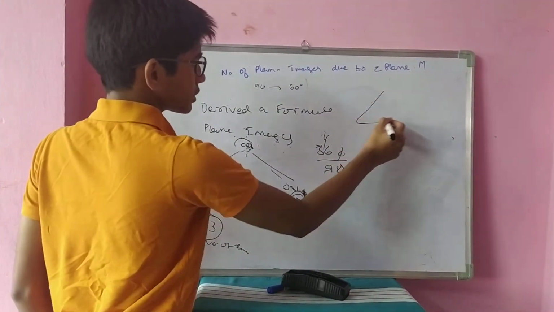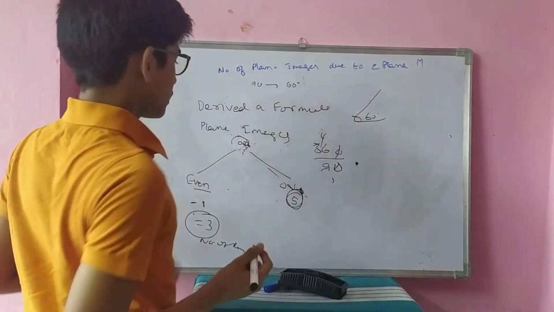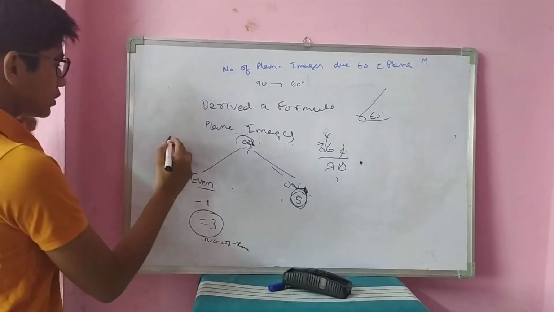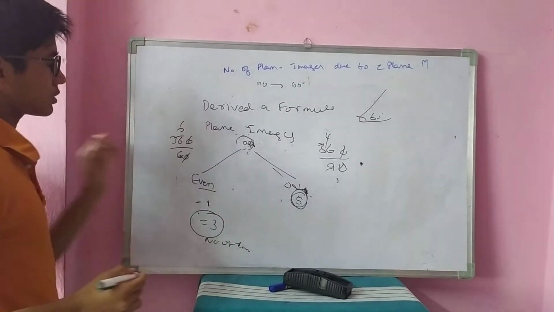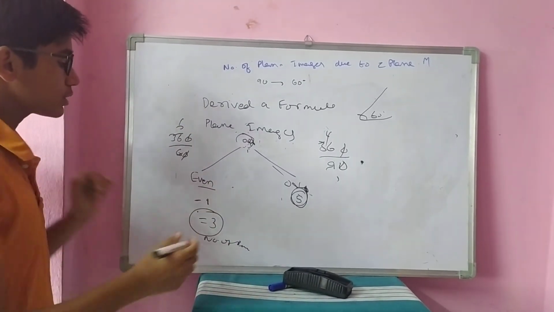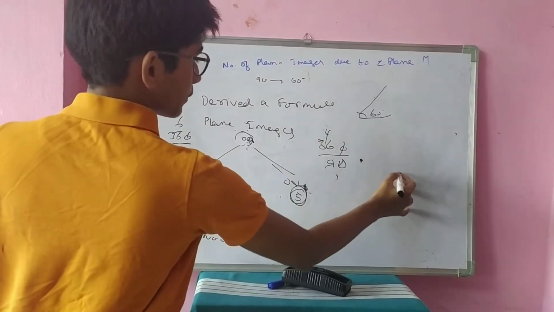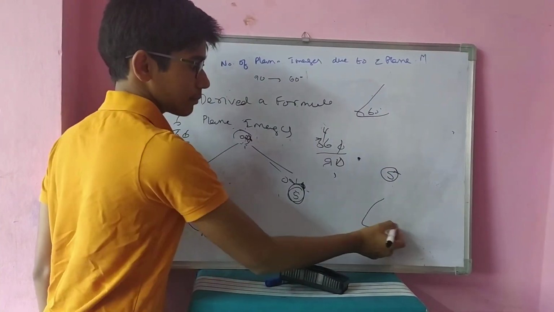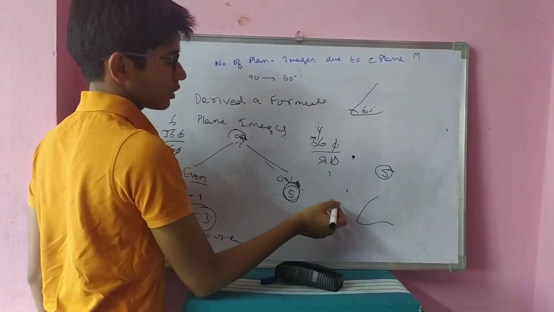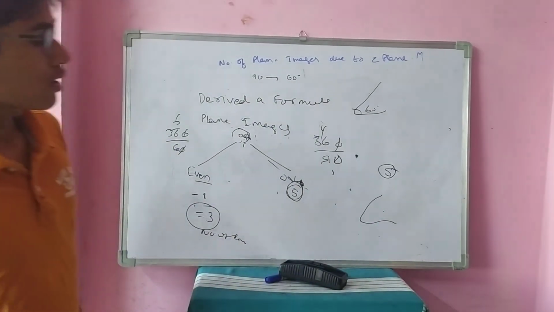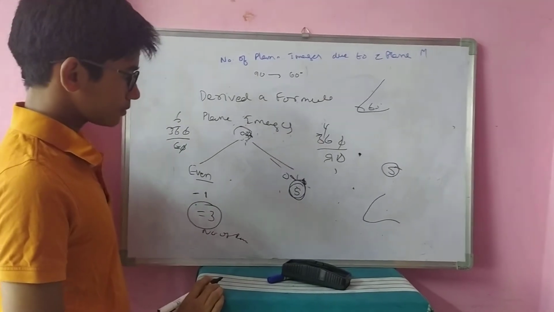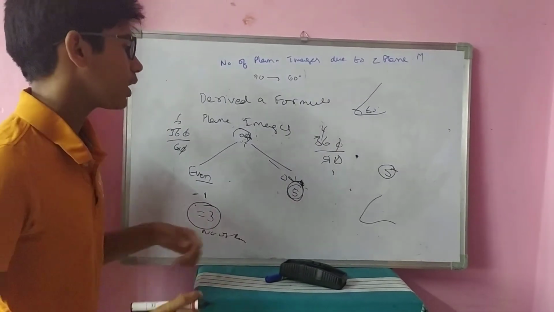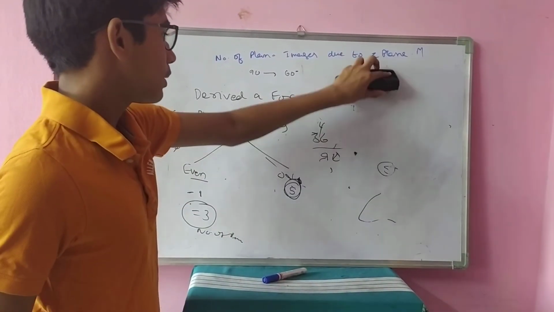Now I am considering 60. 360 by 60, the 0s get cancelled, 6. 6 is even, again 6 minus 1, 5 we got. By ray diagram also it is the same, here also we got 5. By the formula we got both values.